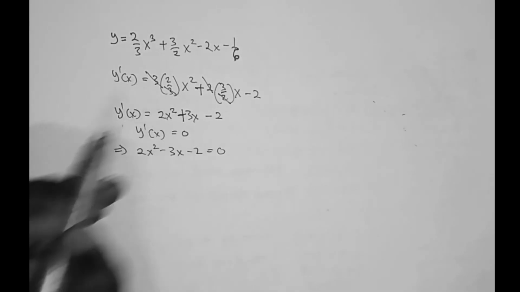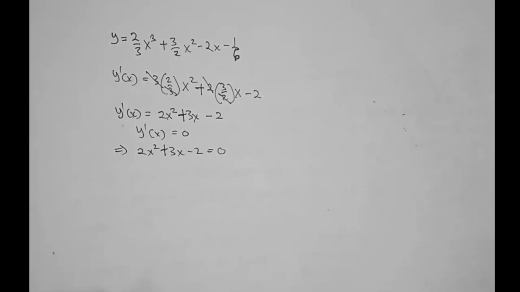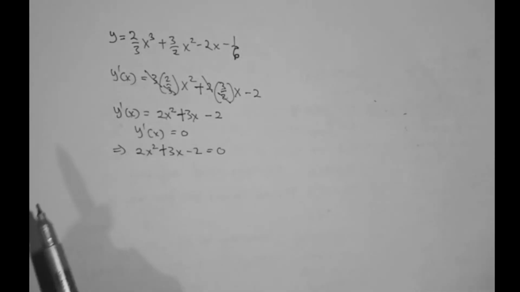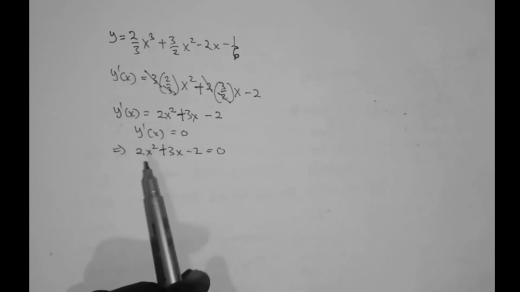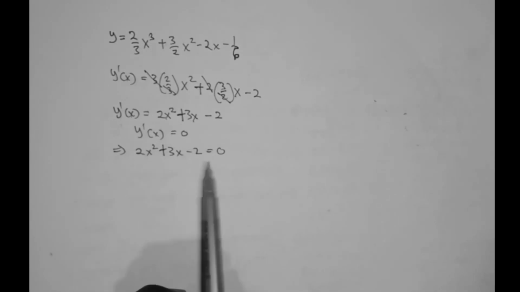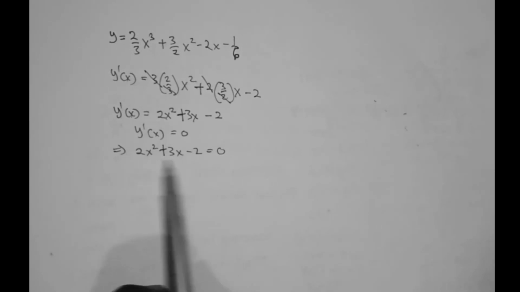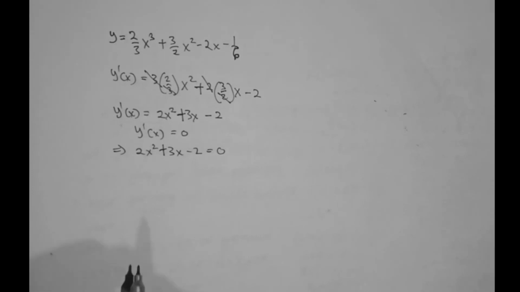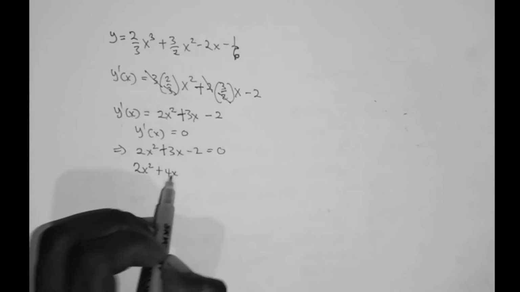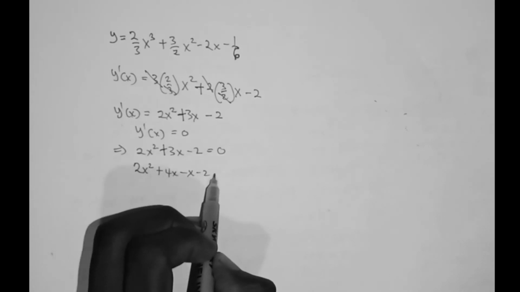So here it's plus, and therefore this place is plus. So 2 times minus 2 is minus 4. We need to get two numbers that when you multiply, you get minus 4, but when you add, you get 3. And those numbers are 4 and minus 1. So this becomes 2x squared plus 4x minus x minus 2 equals 0.